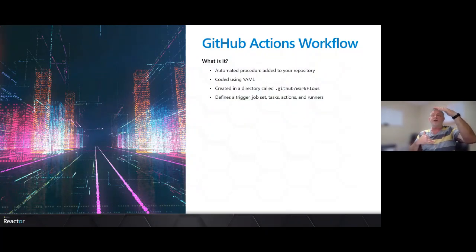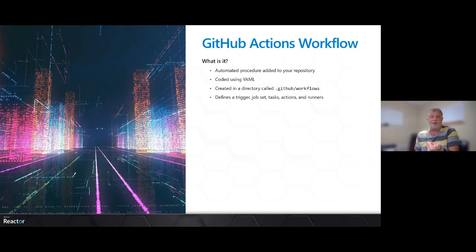It allows us to combine those actions and those activities into a more comprehensive set of activities that we want to run in response to something like a merge of code or a push of code to the repository. So the workflow allows us to combine actions into a more comprehensive set of capabilities.